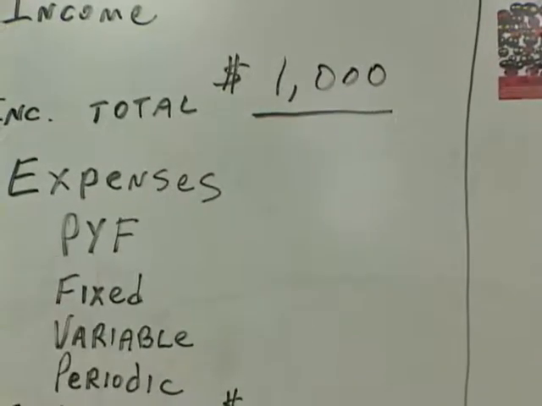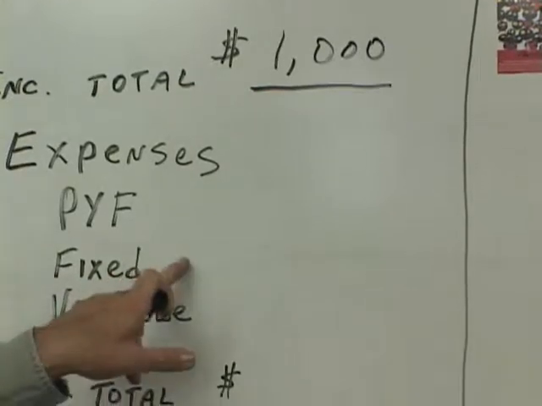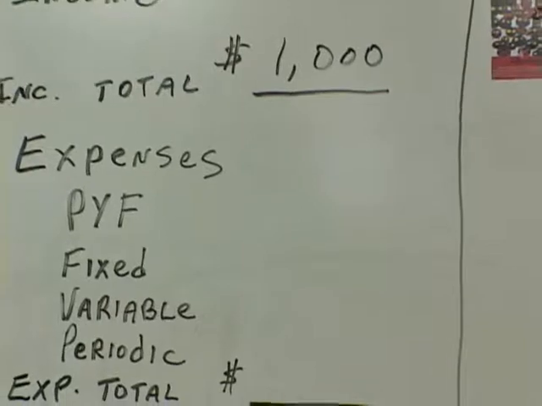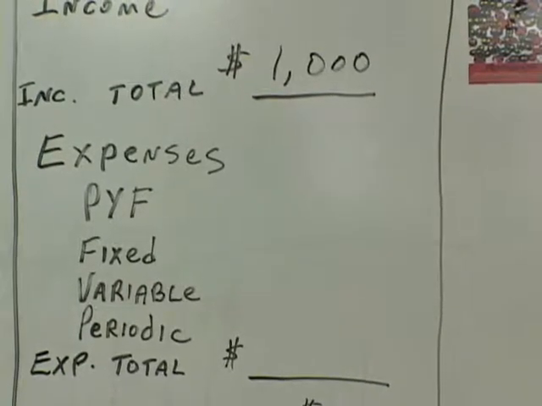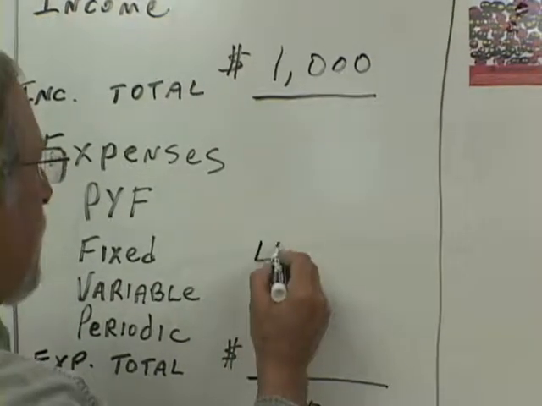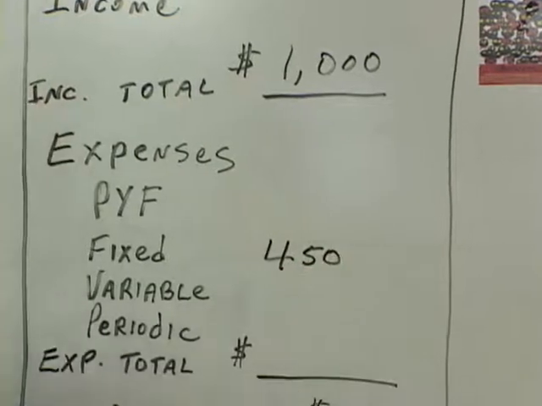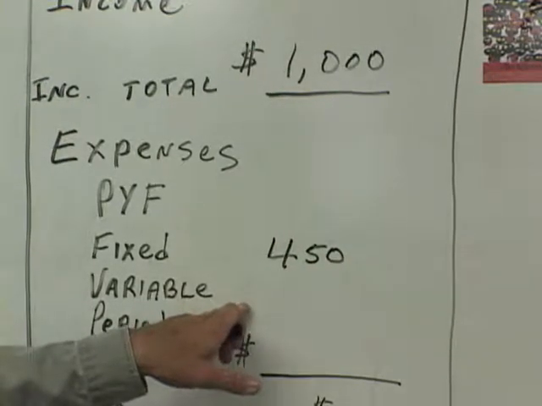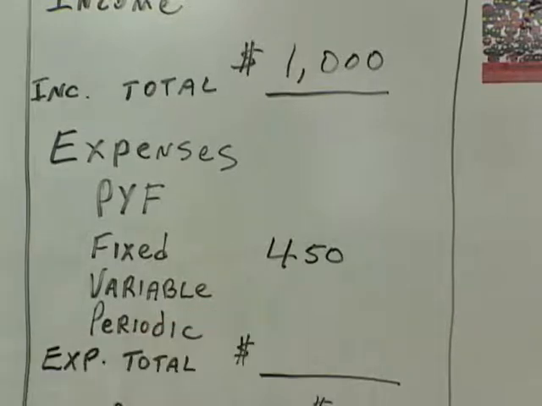Let's say your fixed expenses, including rent and things like that, add up to $450 a month. Let's say your utilities and things like that add up to another $150 a month.